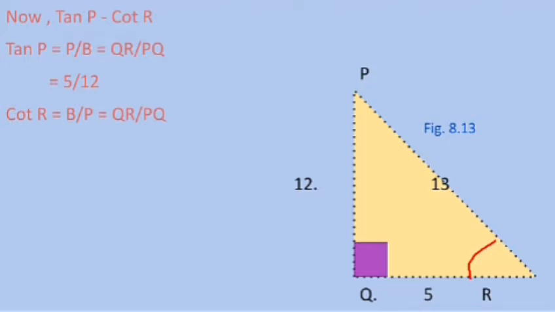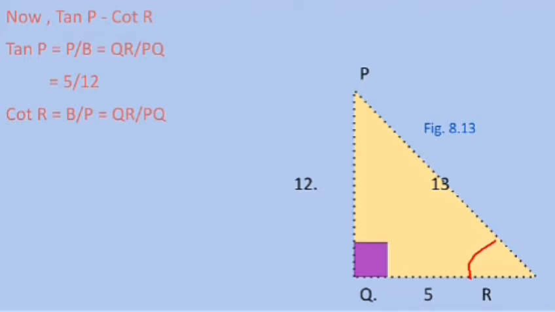Here one thing to be noted class, in the case of tan we have angle P, and in the case of cot R we have the angle R. Always remember that it is true that cot is the reciprocal of tan, but you also need to verify the angle.